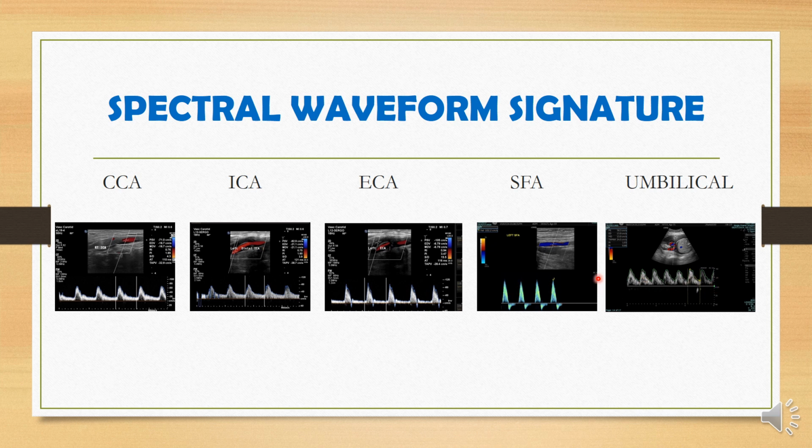So increased peripheral resistance is a sign which is seen in all peripheral arteries, and presence of diastolic component shows a low resistance pattern.